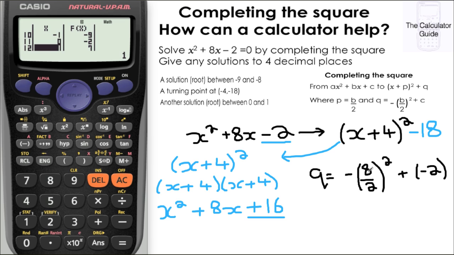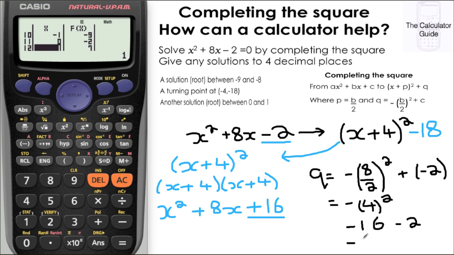Now, if we want to use the definition to find that, we'd have minus, and then in brackets our p value, which is 4, and remember that is 8 divided by 2, squared, plus our c value, which is minus 2. Don't forget that you must square before multiplying by minus 1.